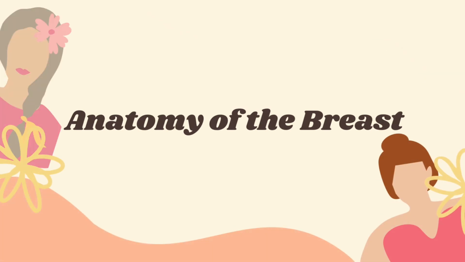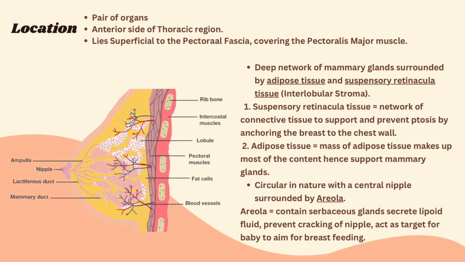For the anatomy of the breast, it is a pair of organs that are located at the anterior side of the thoracic region. It lies superficial to the pectoral fascia, covering the pectoralis major muscle.